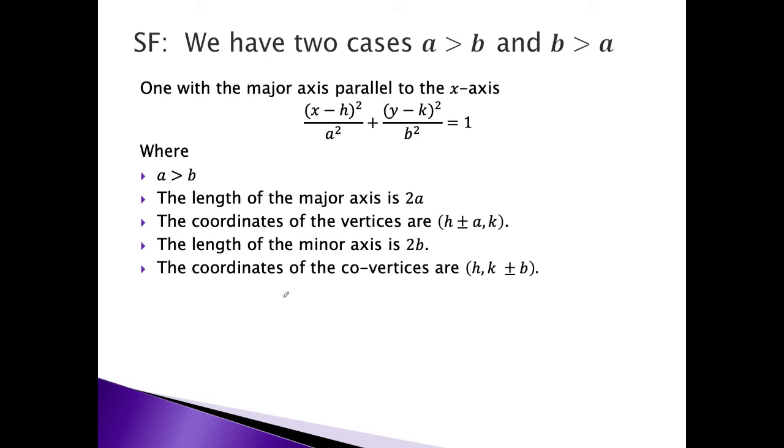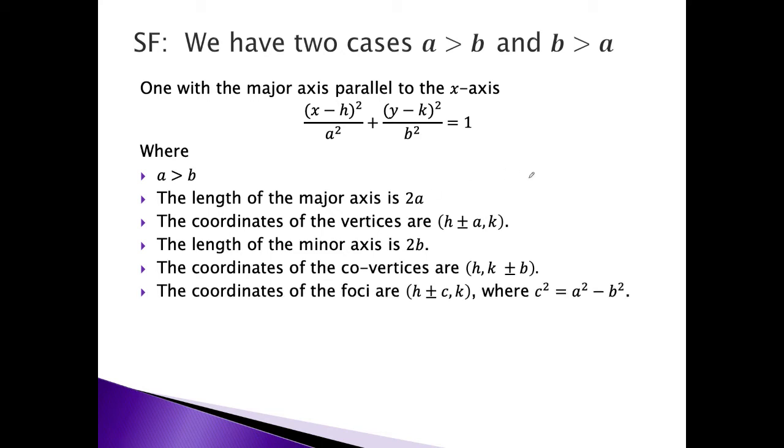The coordinates of the co-vertex are h, comma, k plus or minus b. The coordinates of the foci are h plus or minus c, comma, k, where c squared equals a squared minus b squared. For an ellipse, that c squared equals a squared minus b squared does not change.